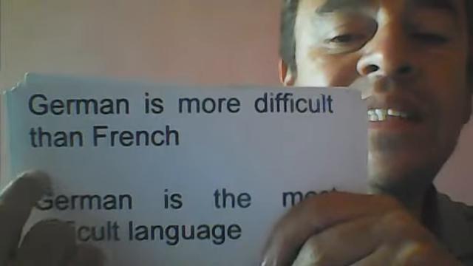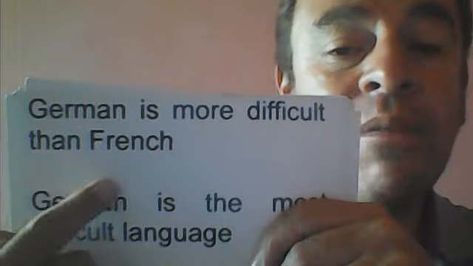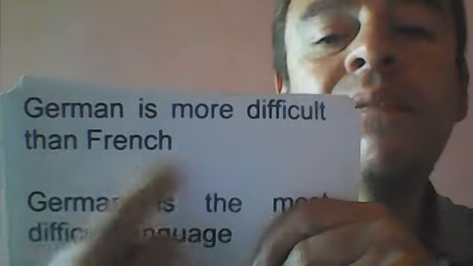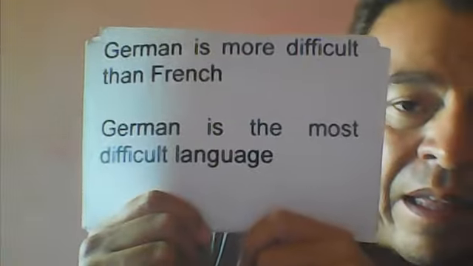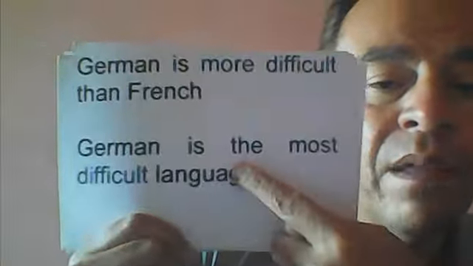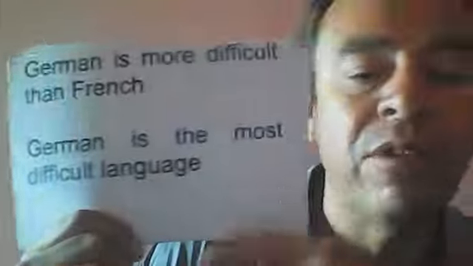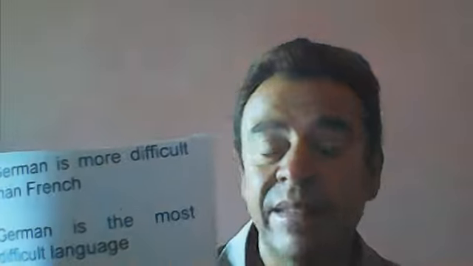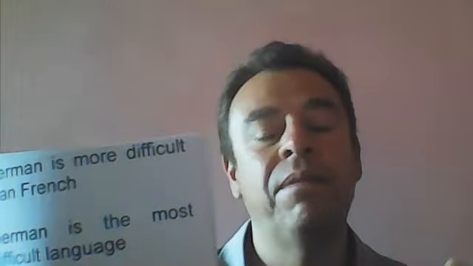The word than is also to compare two languages, German and French. Now, to make a superlative sentence, you use article the, word most. German is the most difficult language. It's the most difficult language in the world. There isn't any one more difficult.